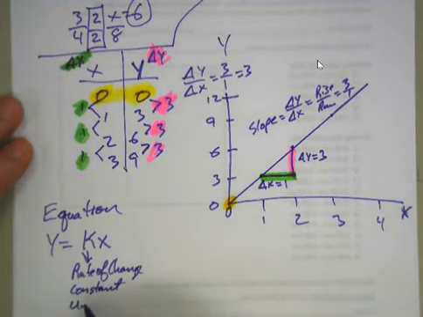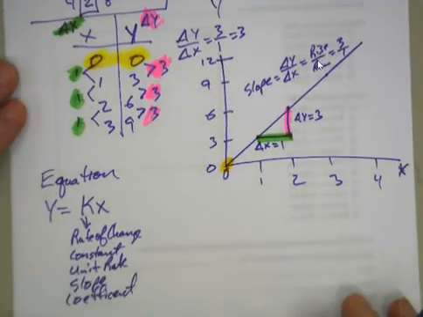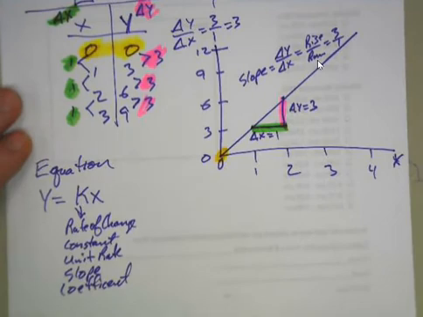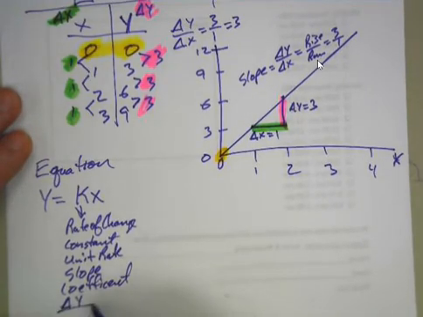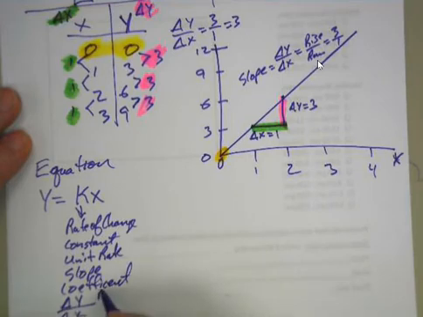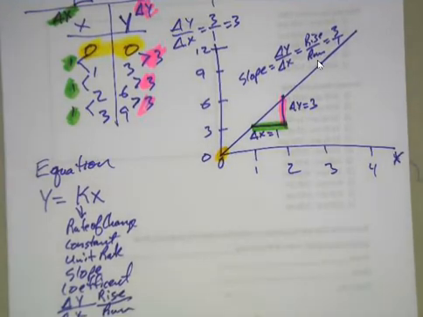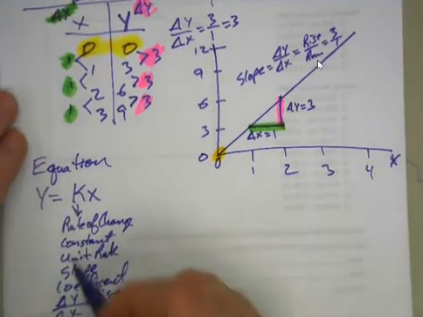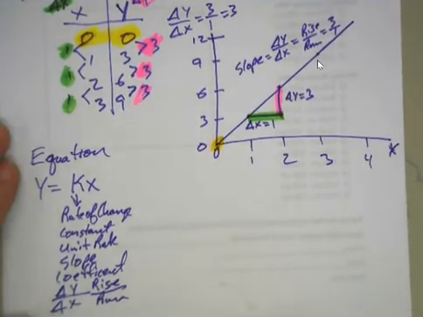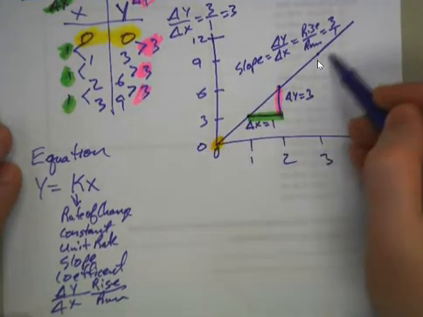It is also called the unit rate. It is also called the slope and the coefficient. In addition to that, it can also be described as your delta y over delta x, which is your rise over your run. And this describes the steepness of the line, what the line looks like over here.